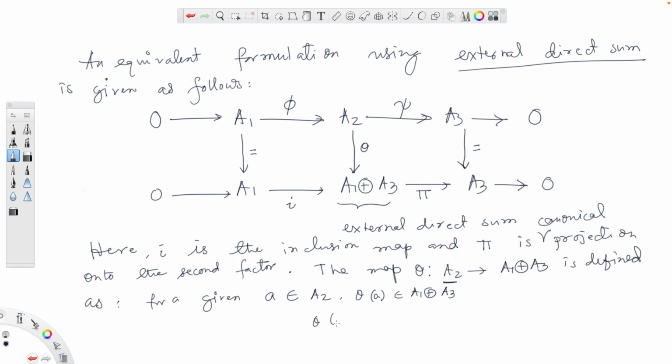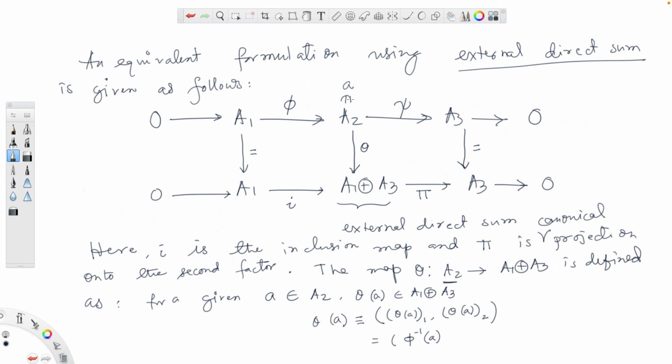The first component is defined as the pre-image of a under phi.